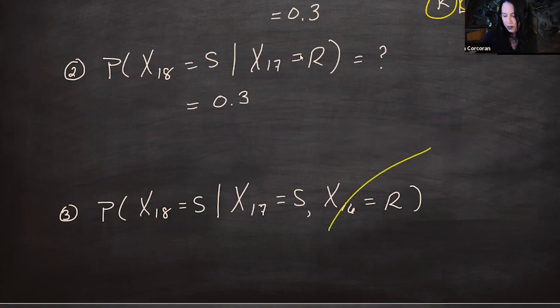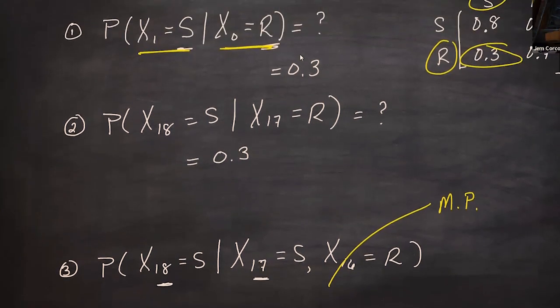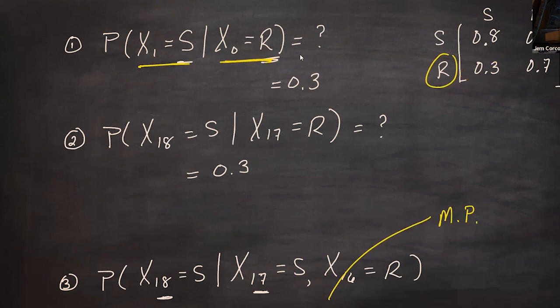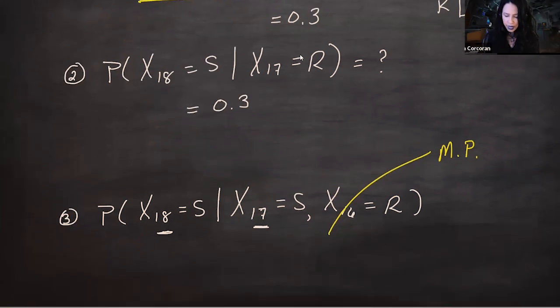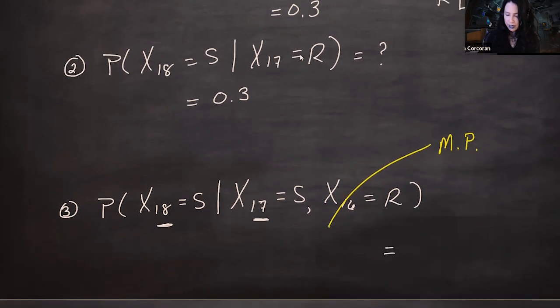So I can drop this part. I'm going to put an MP up here. That stands for Markov property. And now I just have a single time step going from time 17 to time 18. Single time step transition. I want to look at the matrix and go from sunny to sunny. And that number is right up here. So the answer to this is 0.8.